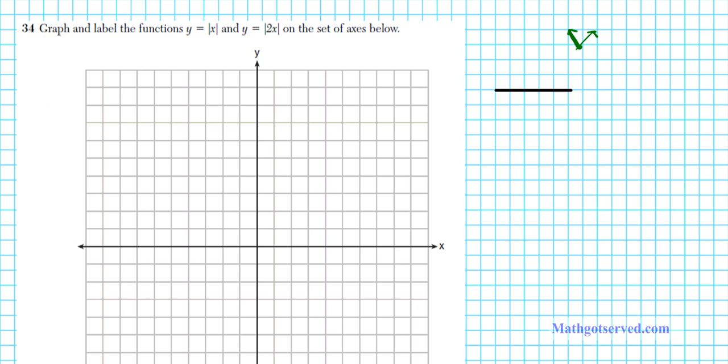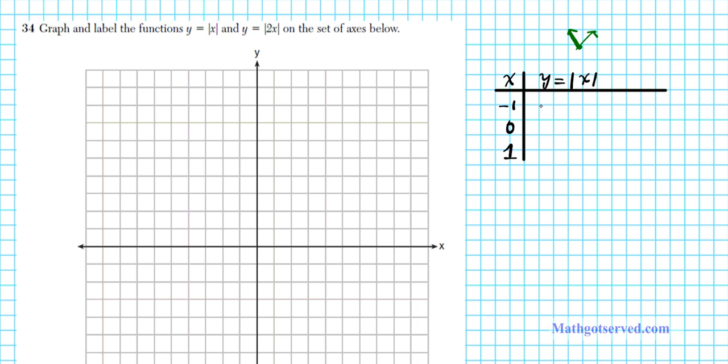First, I just need 3 points: a middle point, a point to the right, and a point to the left. So this is x, and then y equals the absolute value of x. I'm going to use 0 in the center, -1 to the left, and 1 to the right.